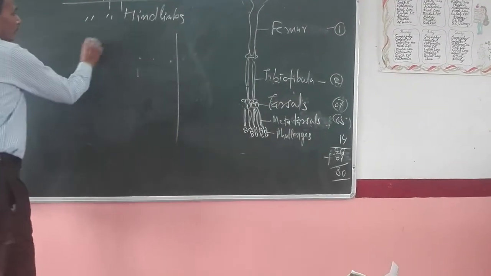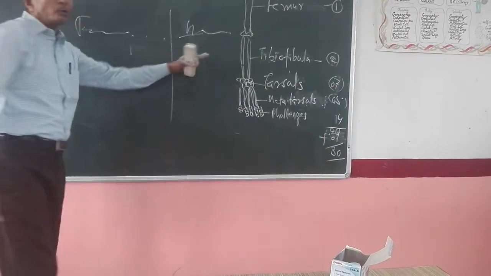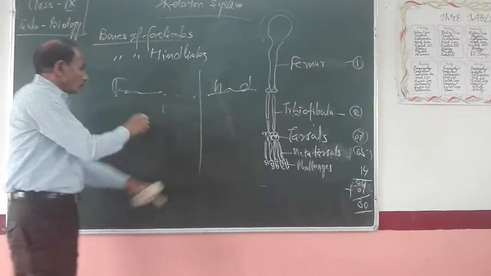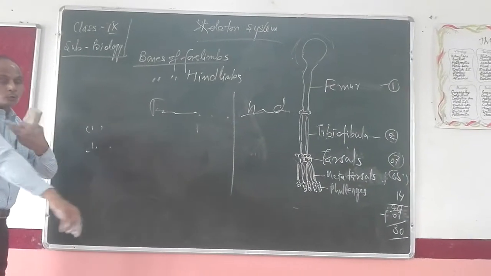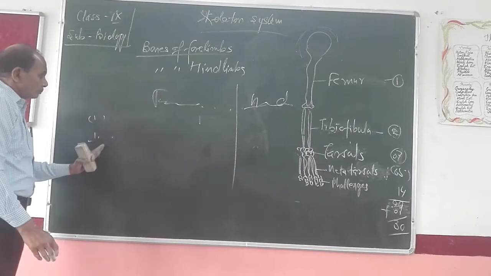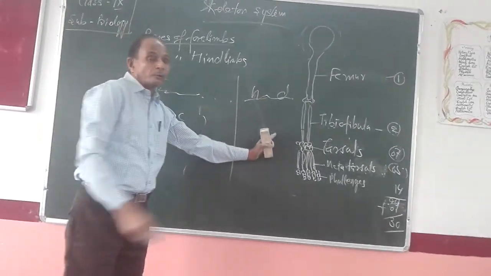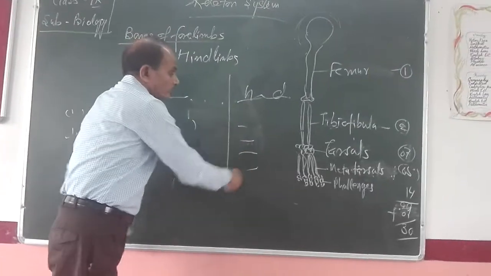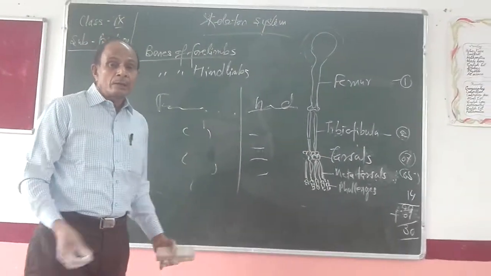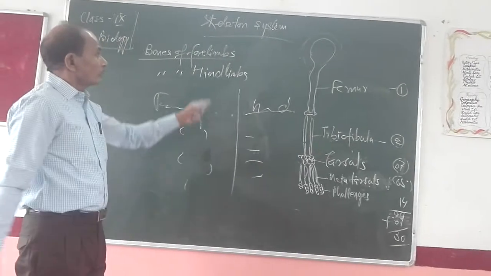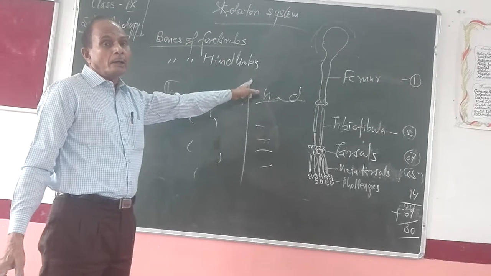Towards one side you write forelimbs, and towards the other side you write hind limbs. In forelimbs you write the names of the bones according to position as well as their numbers. In the same way for hind limbs you write their names and their numbers. This will be the comparison of bones of forelimbs and hind limbs. In this way, you have all completed the appendicular skeleton also.